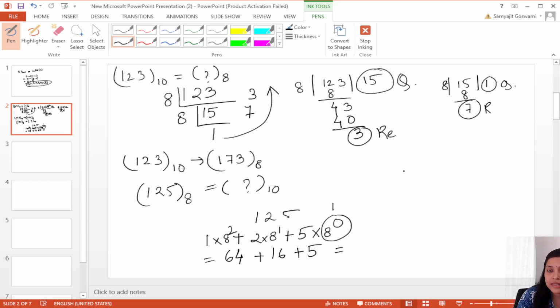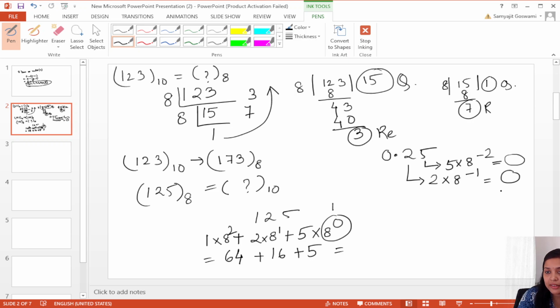If there is a point and 25 after it, then after the point you continuously multiply, 8 to the power minus 1, then 5 into 8 to the power minus 2, in this way. Then find the result and add the whole result.